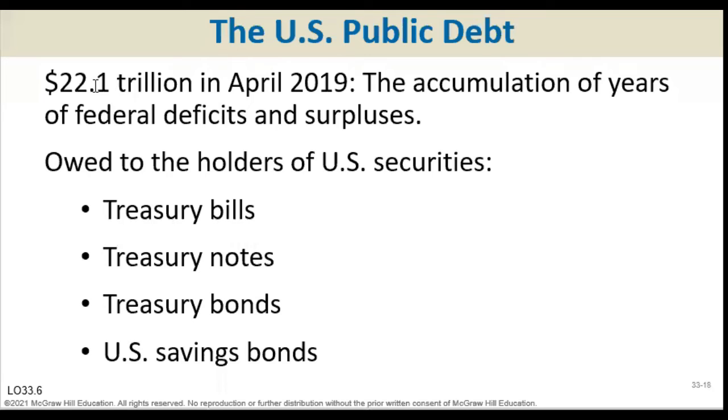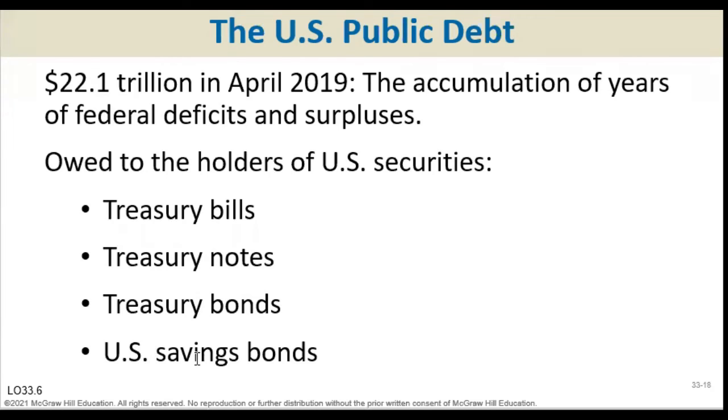So who does the US owe the money to? Right. They owe it to the holders of US securities. And US securities are treasury bills, right? Treasury bills are the short-term security. And we have treasury notes, medium-term security, and the long-term security are treasury bonds.